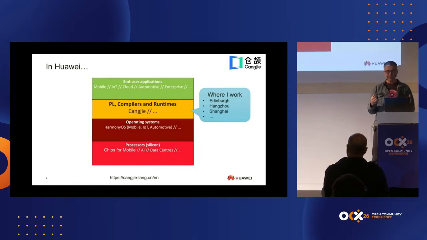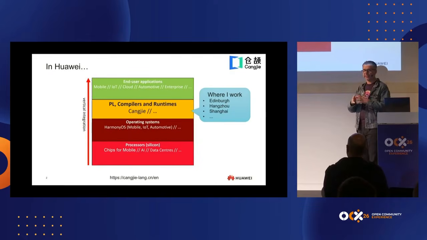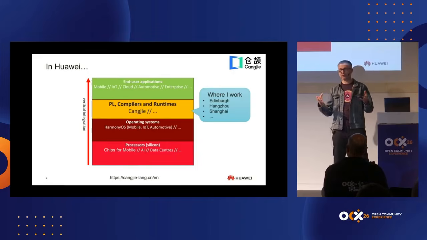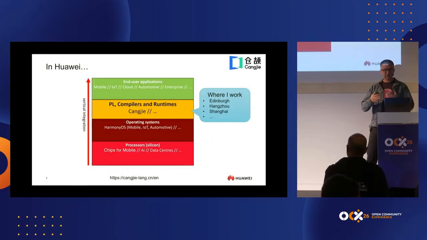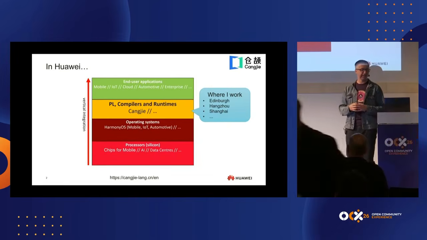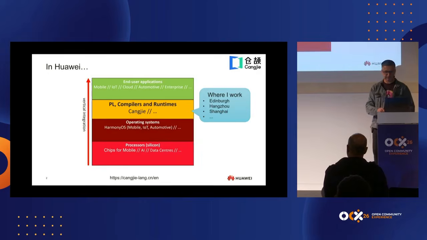An application-level programming language does not mean just the language itself, but the entire ecosystem of tools that's needed to support it. I have been part of that team based in Edinburgh, but there are many teams that work on this project. The main team is in Hangzhou in China, but also in Shanghai and in other research centers in China.